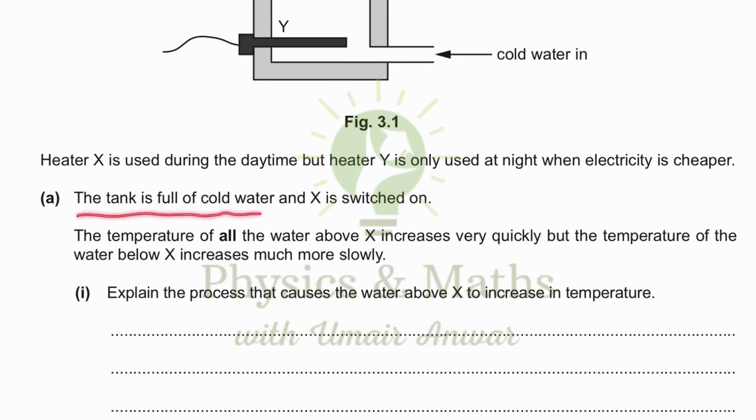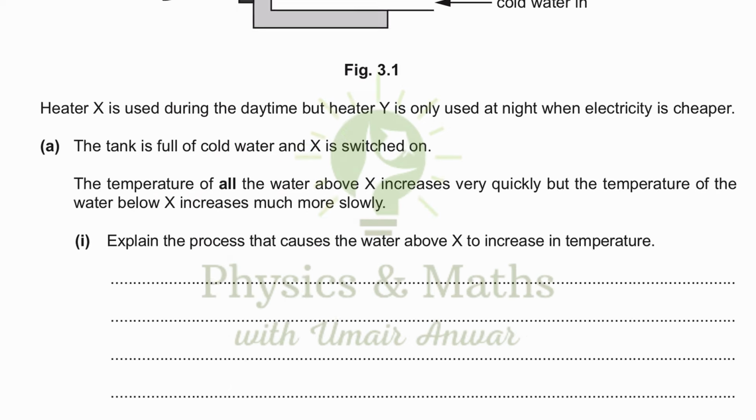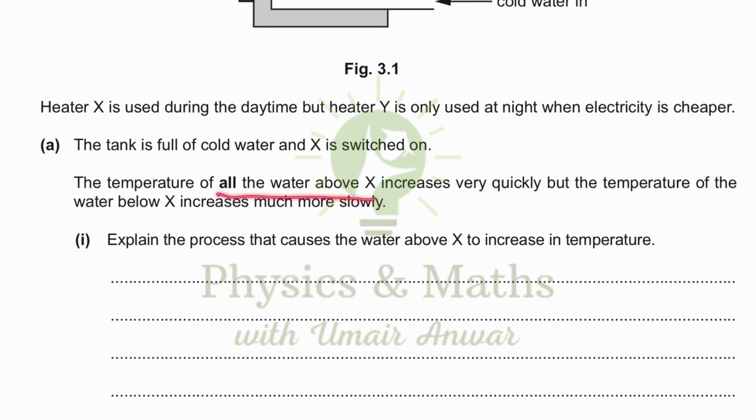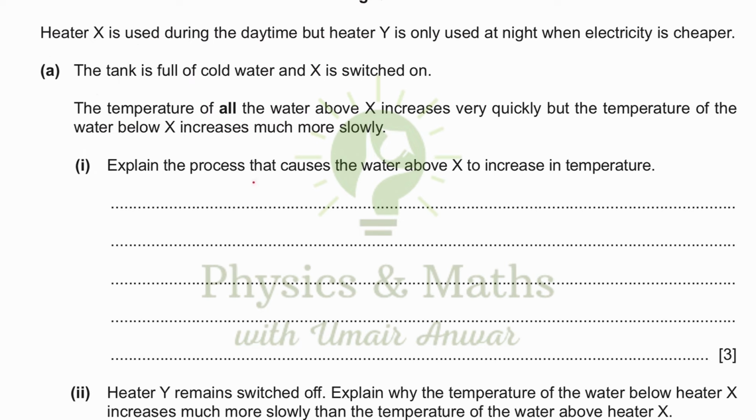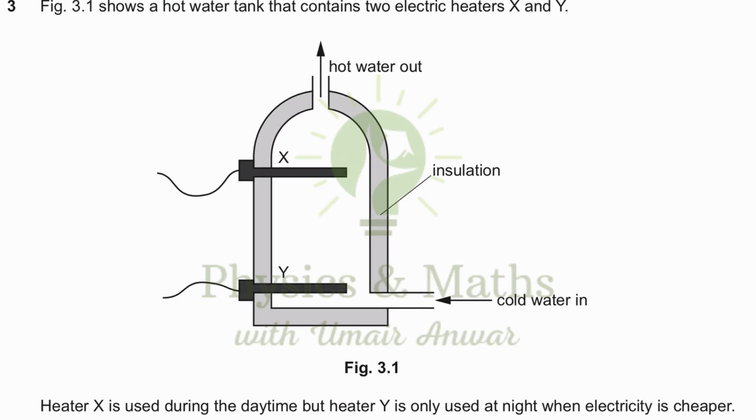The tank is full of cold water and X is switched on. The temperature of all the water above X increases very quickly, but the temperature of the water below X increases much more slowly. Explain the process that causes the water above X to increase in temperature. The water above X is receiving heat energy from this heater, and when the water particles receive energy, initially they expand.